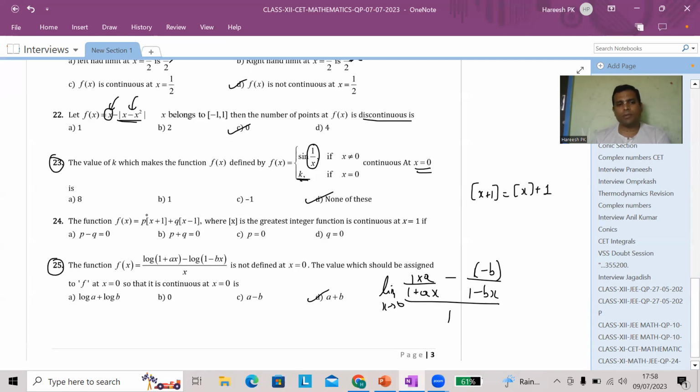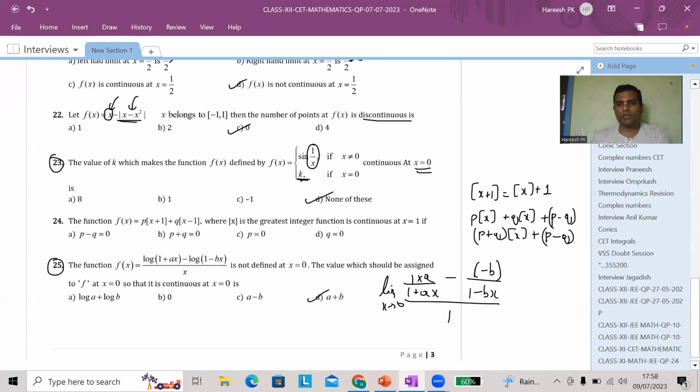So if I use that property, then I can rewrite this function as p times greatest integer of x plus q times greatest integer of x, plus p minus q. So then we end up getting p plus q times greatest integer of x plus p minus q.